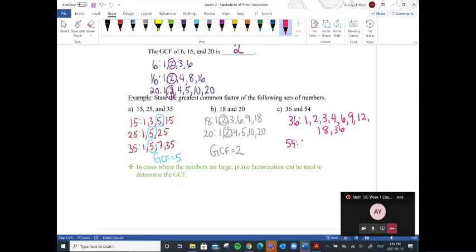54 will have 1, 2, 3, 6, 9, 18, 27, and 54.